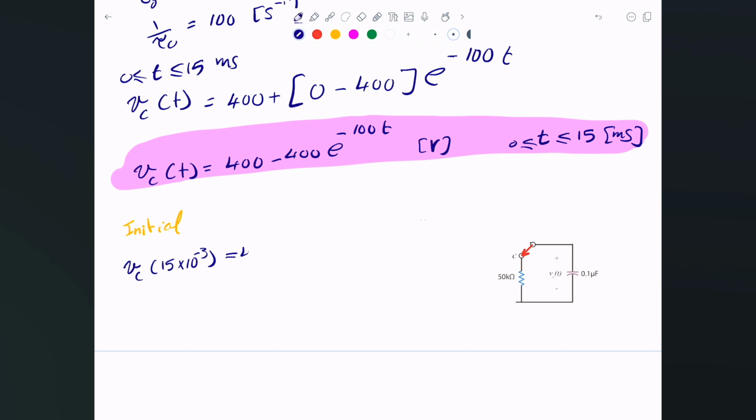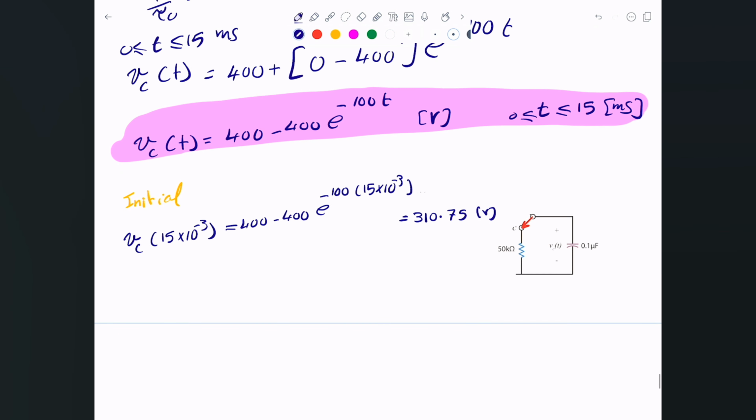That becomes 400 minus 400 e to the negative 100 t, and now t is simply 15 times 10 to the negative 3, because t here is expected to be in seconds, since this is second to the minus 1, so I converted this to seconds. The value, I'm going to approximate it, is about 310.75 volts. That's the initial voltage across that capacitor.